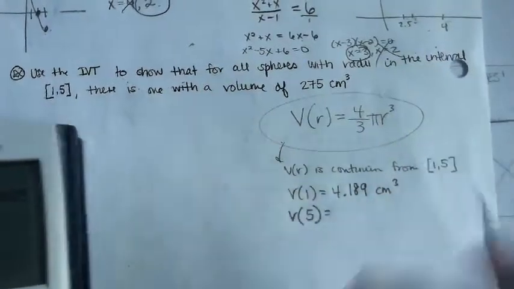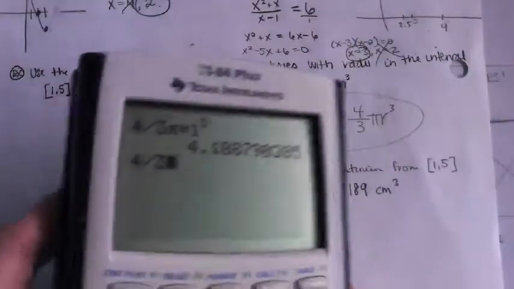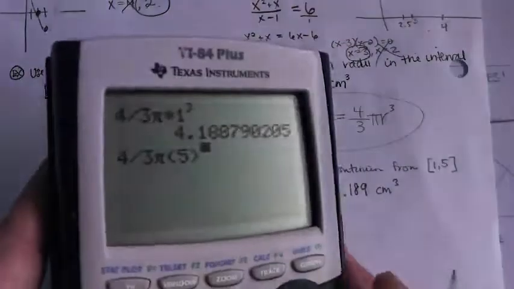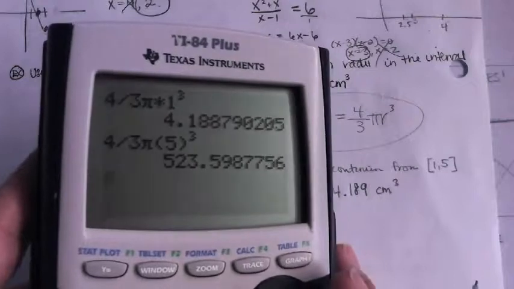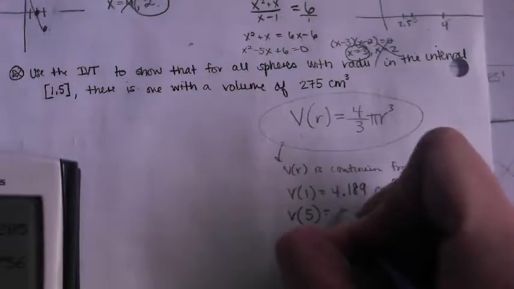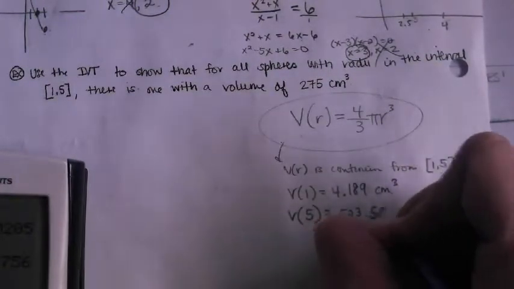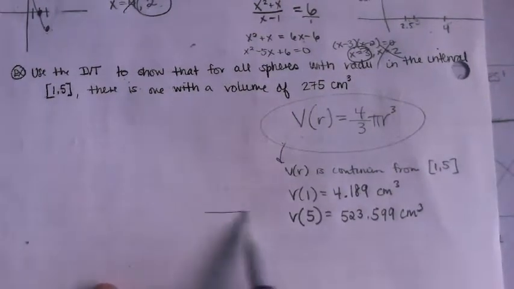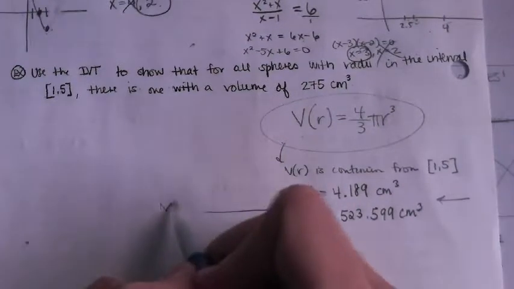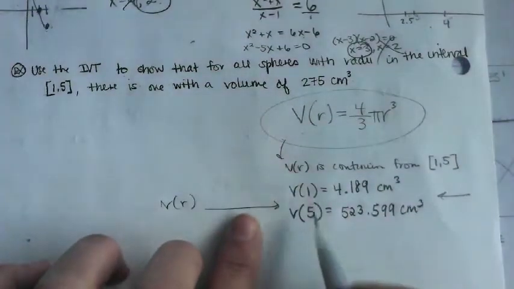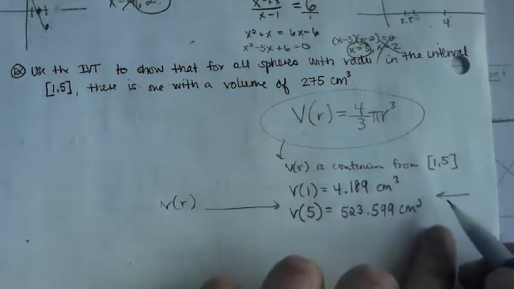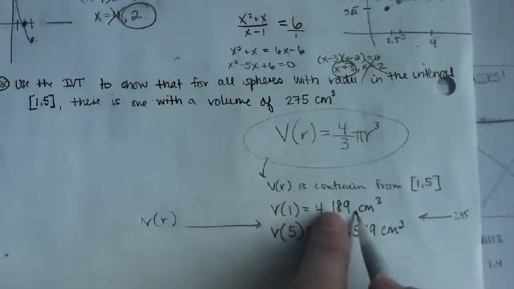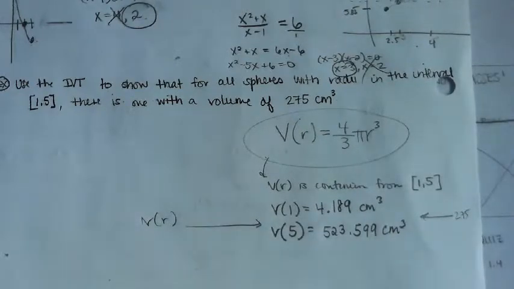And when the radius is 5, 4/3 pi r cubed, your volume is 523.599. So obviously there's some radius in the middle, some v of r between 1 and 5 that will have a volume of 275, since one of those numbers is less than 275 and one is greater than 275.